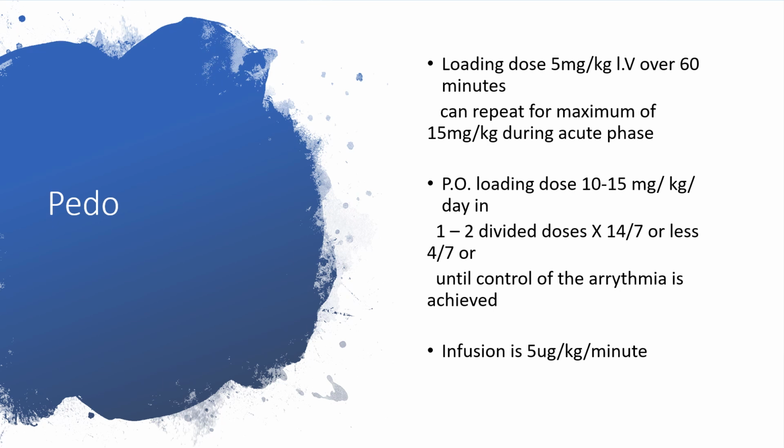But if you are giving it per oral in pediatrics, the loading dose will be 10 to 15 milligram per kilogram per day in 1 to 2 divided doses for about 14 days or less, until the arrhythmia is controlled or the control of the arrhythmia is achieved.